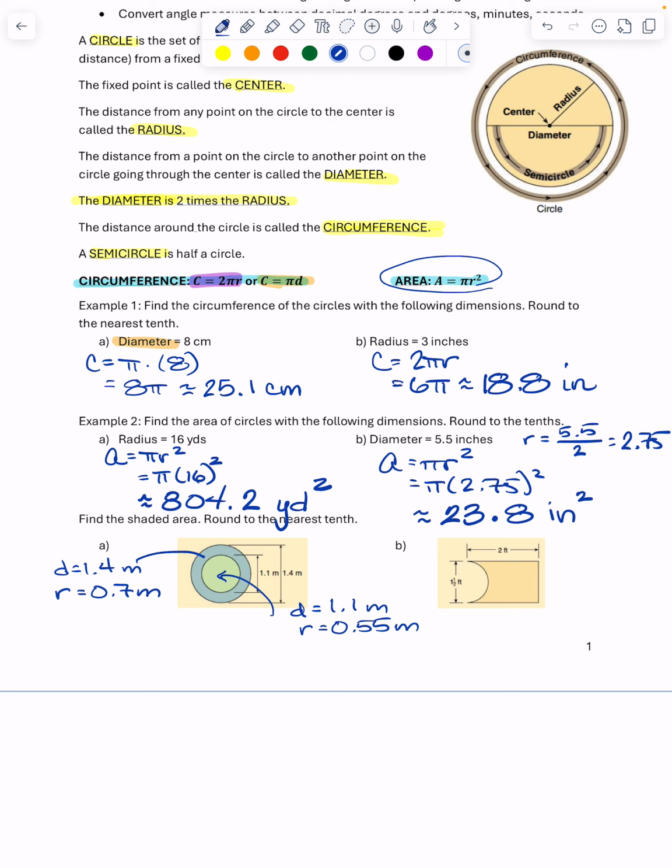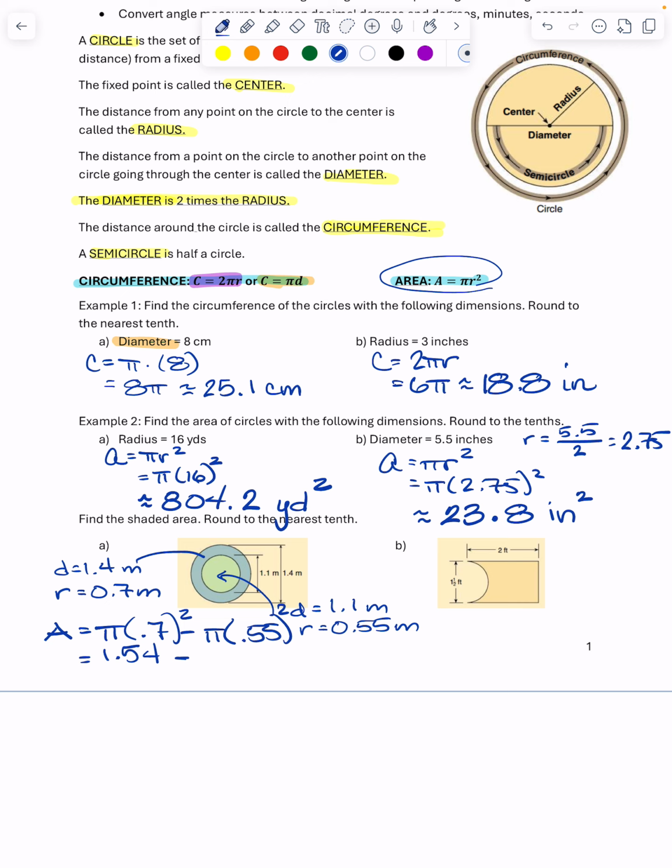If I want this blue shaded area, I cannot just subtract radii. I have to find the area of the large circle, subtract off the area of the small circle. The area of my large circle is 1.539, 1.54. My final answer's got to go to 1/10, to the 10th place.